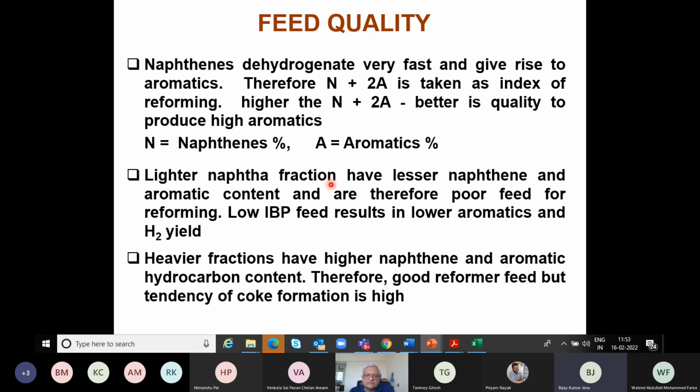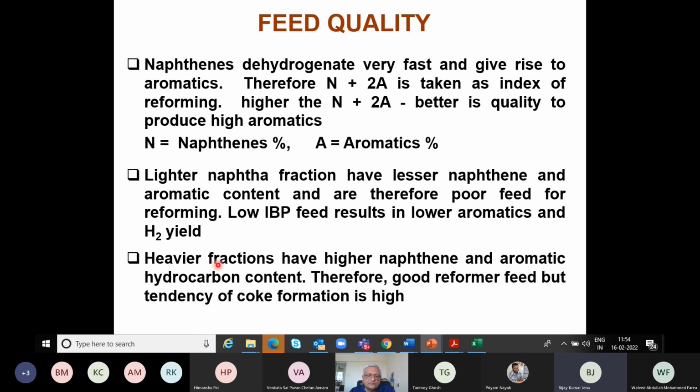So if you keep a lower boiling point of the feed, and you have significant quantities of C5 coming along with the feed, that will by default result in lower aromatics and lower hydrogen yield, because they just have a merry ride through the reactors.